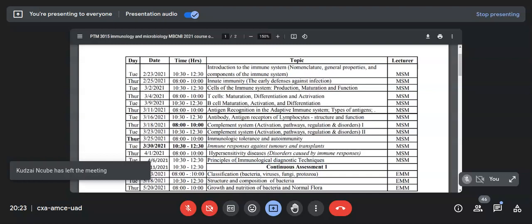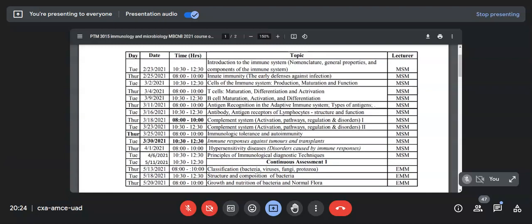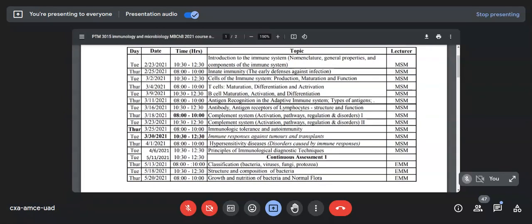Then the last thing I'll focus on will be principles of immunological diagnostic techniques. So after I'm done with adaptive immunity, we will remain with 4 topics to fully finish the part of immunology before you move to the second part of this course, which is introduction to microbiology. So continue staying with me and make sure you read the notes after we're done with the meetings.